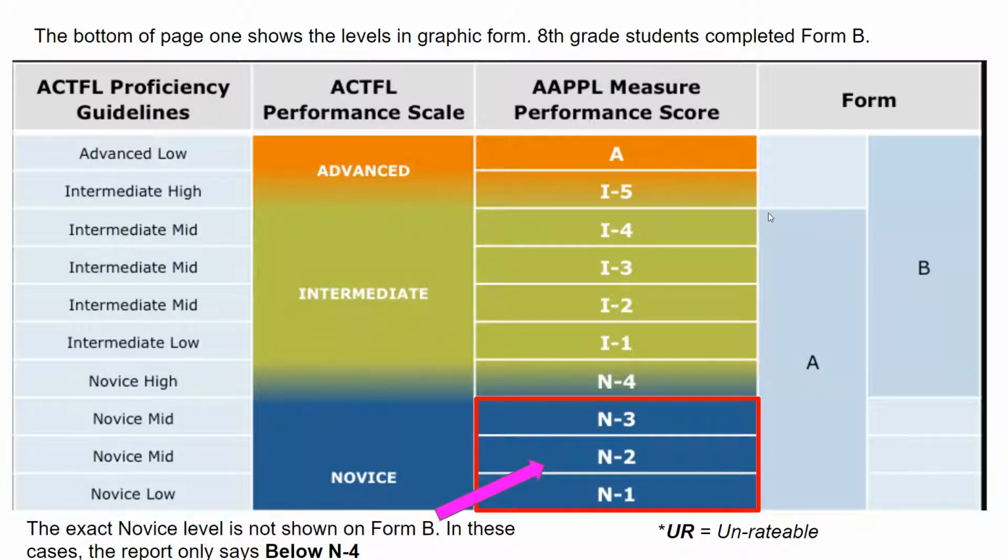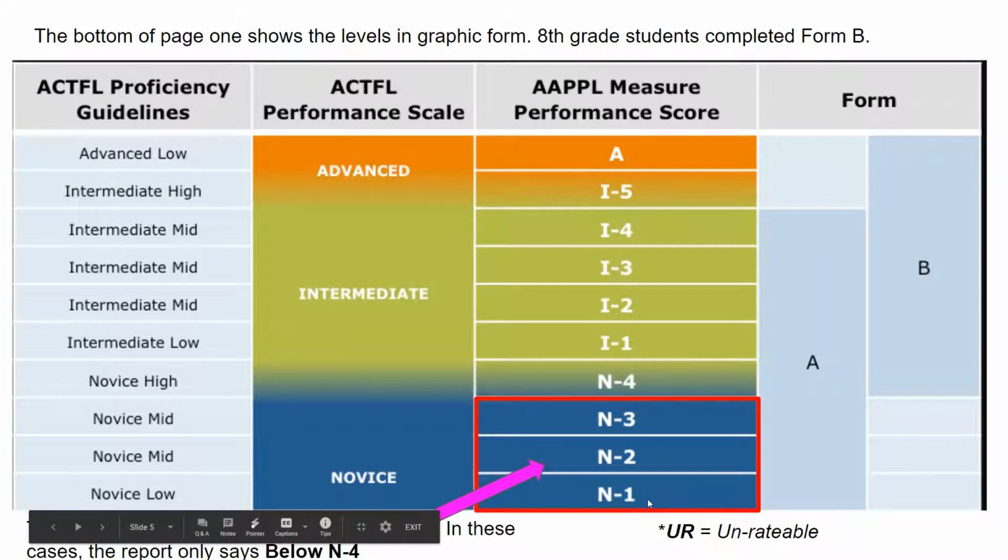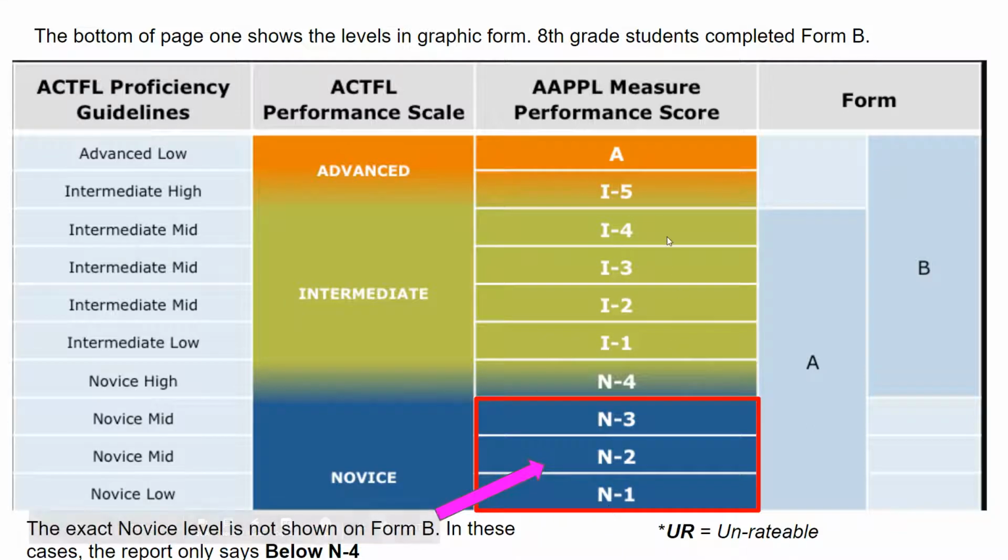Students who are in fifth grade will take a Form A as it is more appropriate for their grade level. Form A ranges from a novice beginner all the way up to an intermediate high, or as ACTFL says, N1 to I4.